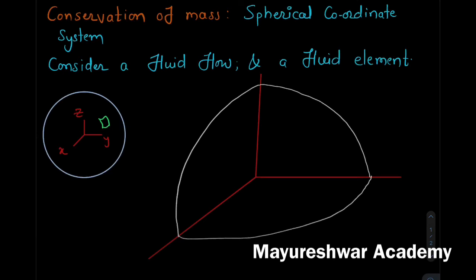So these are arc-wise directions. This is the small strip on which we are going to plot the element.